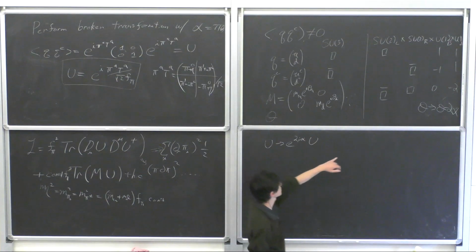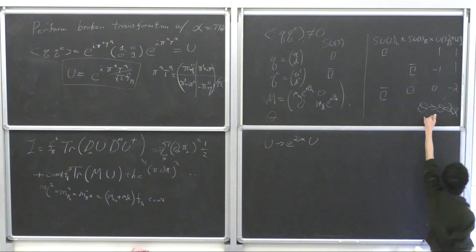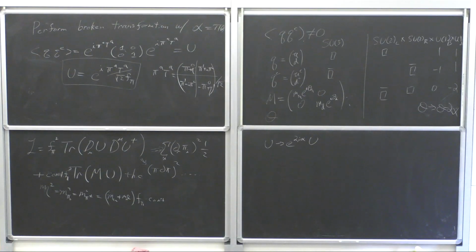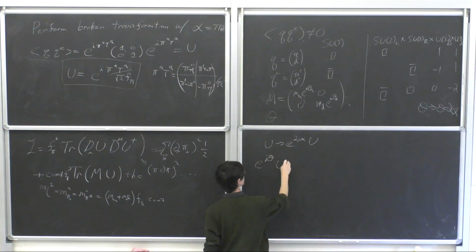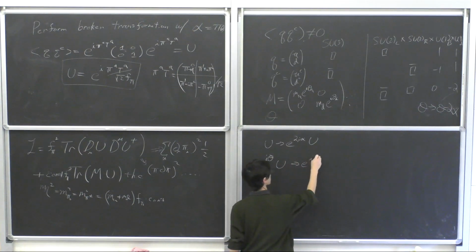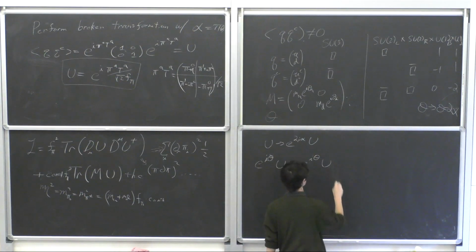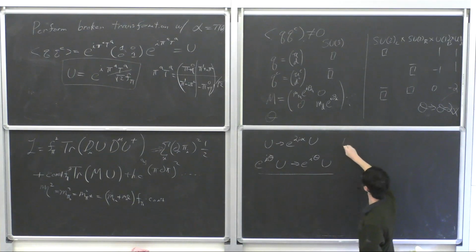However, now we want to say, let's try to use this somehow. So let's construct, you'll notice, e to the i theta times U goes to e to the i theta times U under the U1 axial. So anything I can write that involves this is fair game.